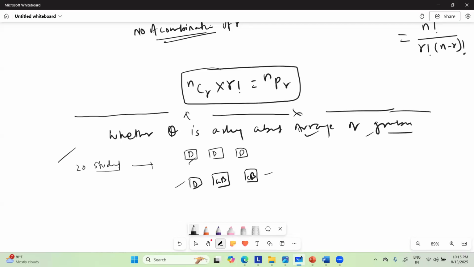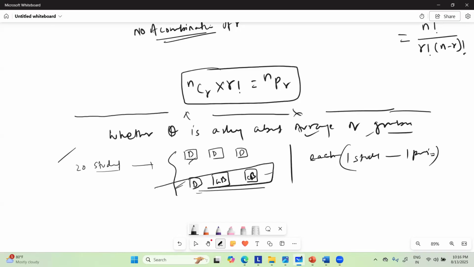Now I have to distribute these 3 prizes in a group of 20 students, and always remember each student may get just one prize. 1 student 1 prize, ऐसा केस है यहाँ पे। तो इस केस में, नीचे वाले केस में क्या होगा, ग्रुप होगा कि अरेंजमेंट?